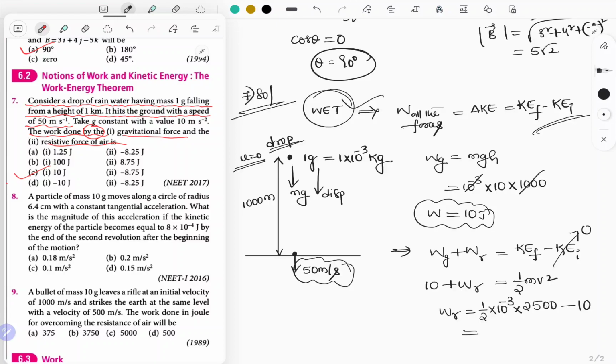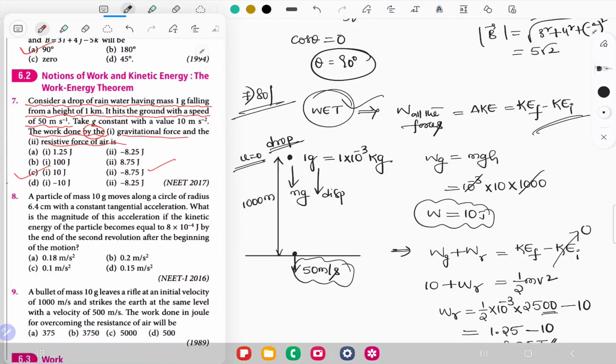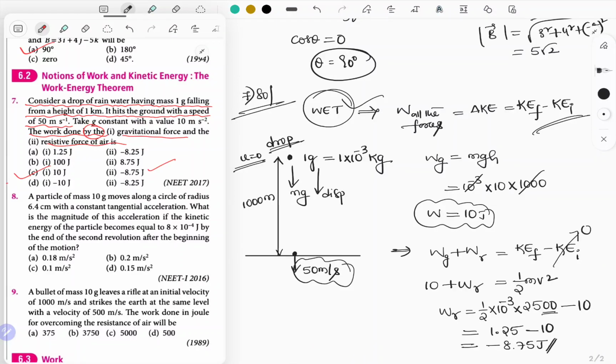Here 10 power minus 3 into 10 power 2 is going to be 10 power minus 1, which is 2.5. Sorry, yes, correct, it is 2.5. 2.5 divided by 2 is going to be 1.25. 1.25 minus 10, then the answer is minus 8.75 joule. This is the work done by the resistive force. Yes, it is correct. Let's move on to the next question.